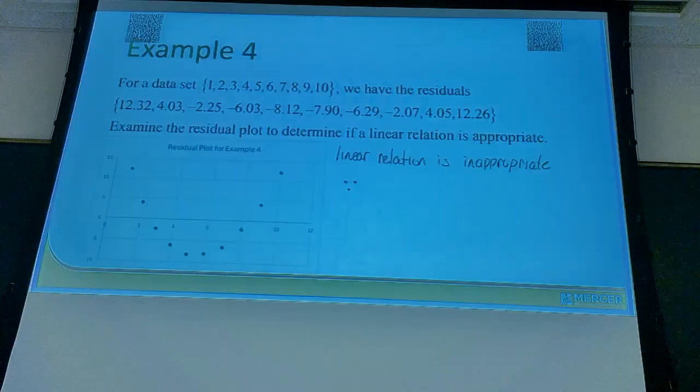Linear relation is appropriate if there's no discernible pattern. If there's no discernible pattern. There's a pattern here, isn't there?